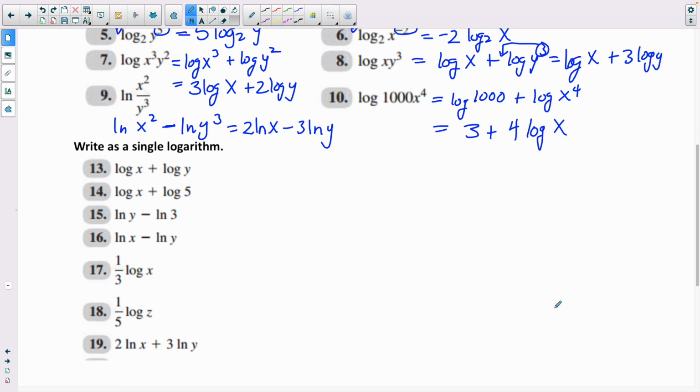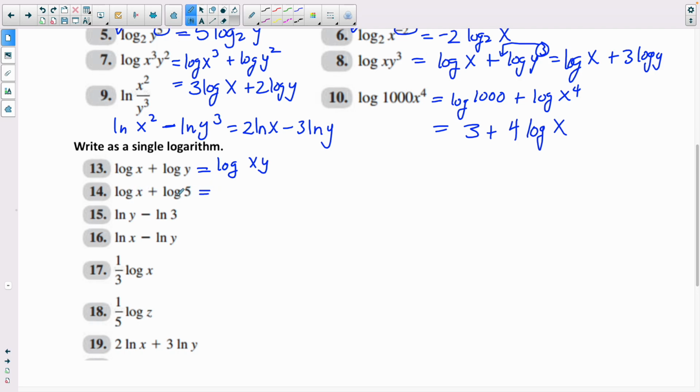To write as a single logarithm, you start with any exponents on the outside and bring them inside, and then combine using your product or quotient rule. So here we only have a sum, so this is going to turn into a product, log xy.